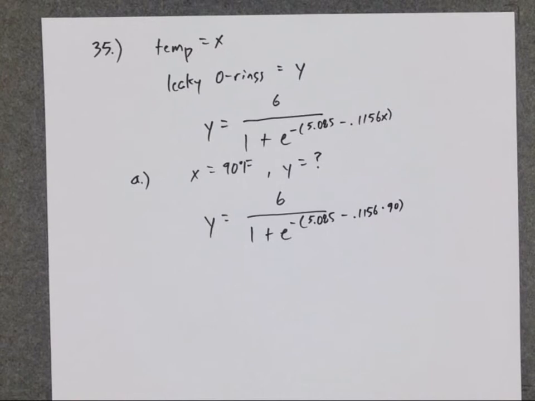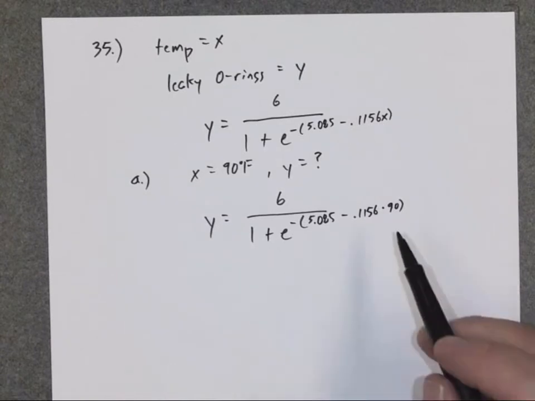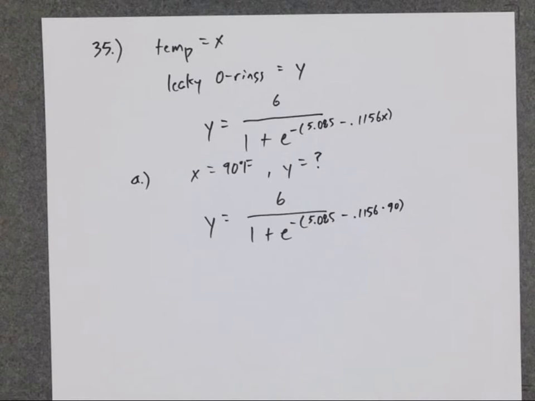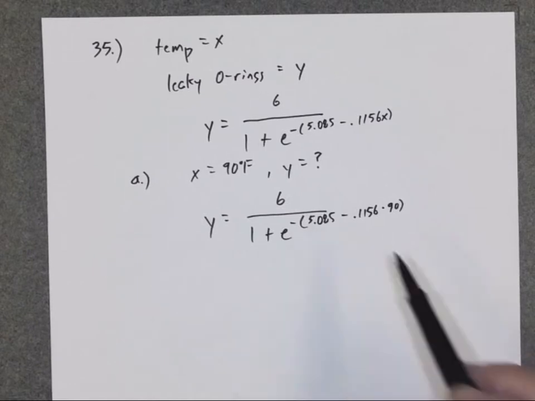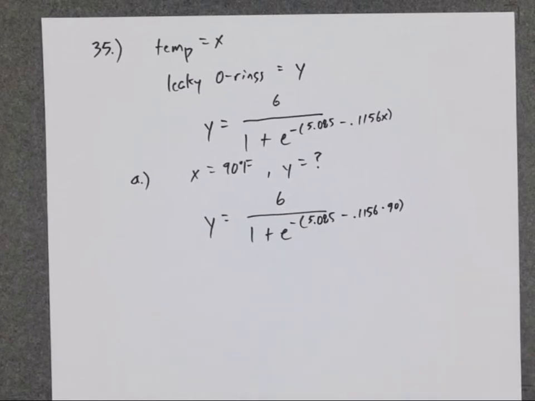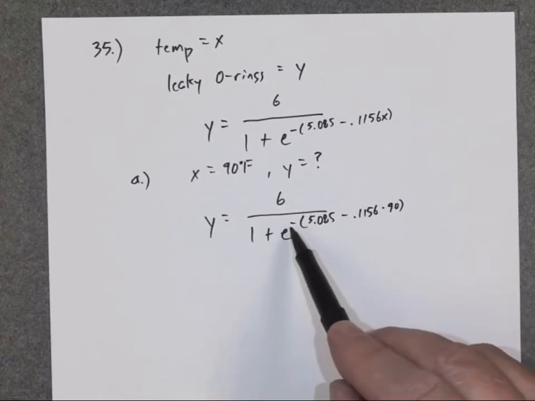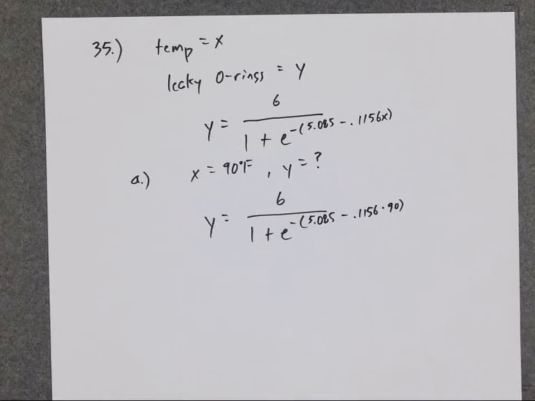All right, got to know how to use your calculator well. For me, I'm going to take 0.1156 times 90 equals, I'm going to make it negative because I'm going to subtract it from 5.085. Take that whole thing and I have to reverse the sign, and that gets raised to the e power. Then I add it to 1. Then that whole thing goes on the bottom times 6.